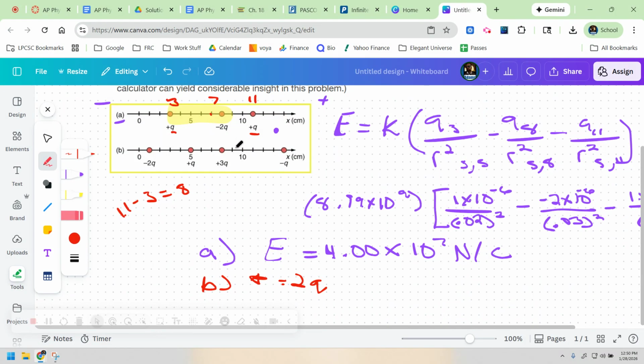And you could crank through the math and figure out what your charge is. And I'll just write it out so you guys can see it.